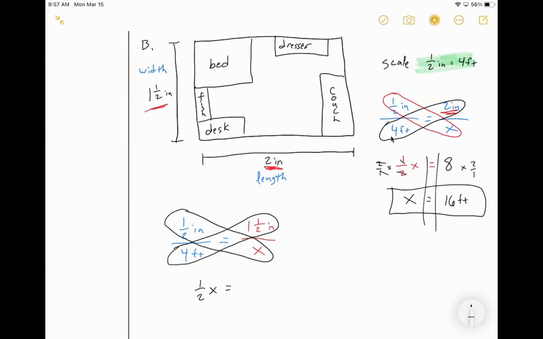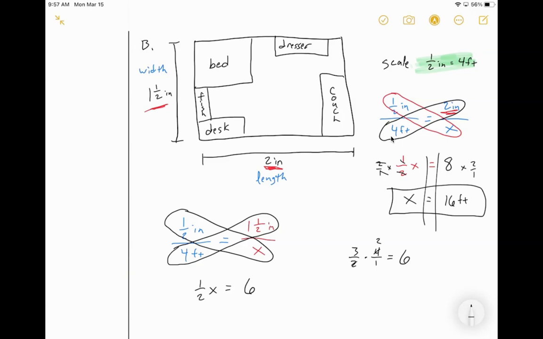Anyone know what that is? Or you can think of it as 3/2 times 4. Let's do that over here on the side real quick. So 3/2 times 4. That cancels, that becomes a 2. So we end up with 6. So 1/2 x equals 6.